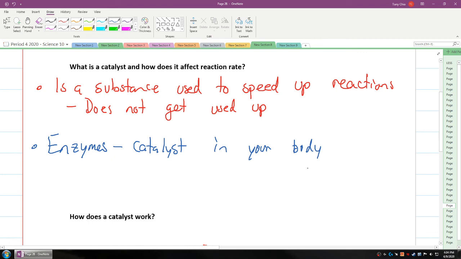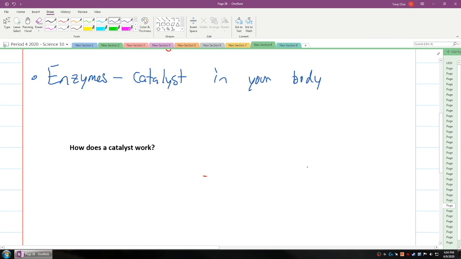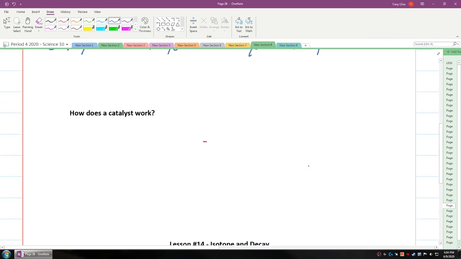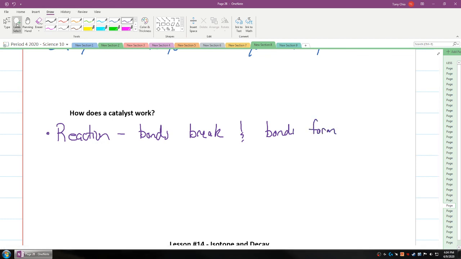So how does a catalyst work? Well, first of all, we have to understand how reactions work in more detail. A reaction occurs when bonds break and bonds form. So not only are there collisions, you're going to need to form and break bonds. But this takes energy.